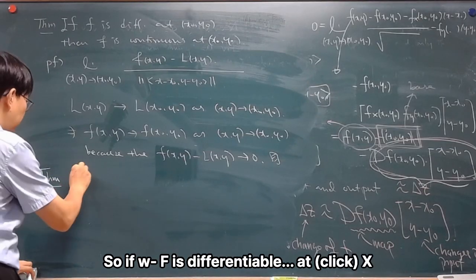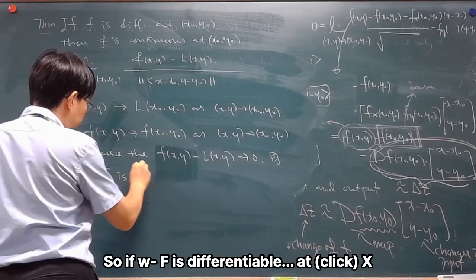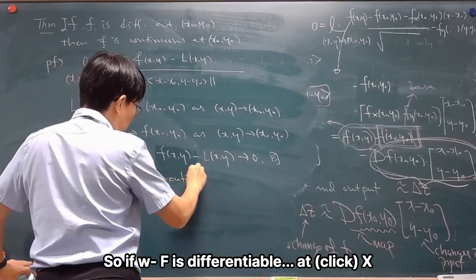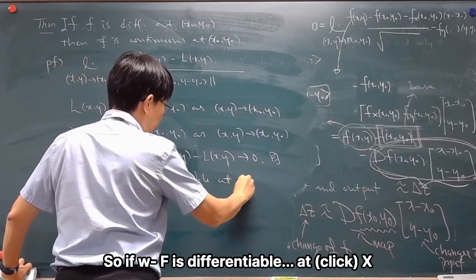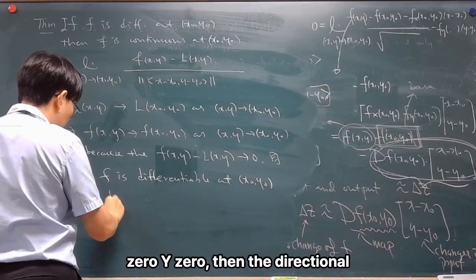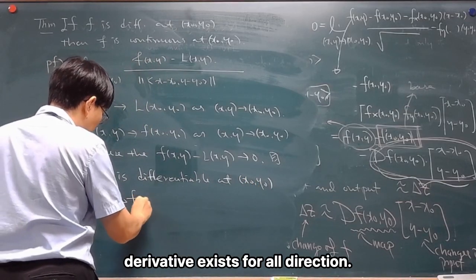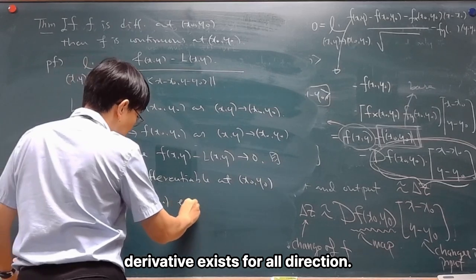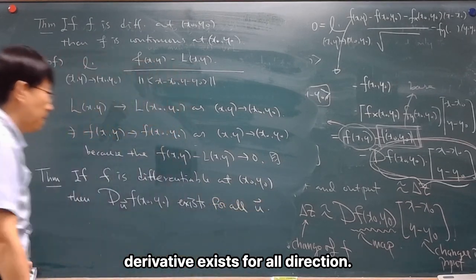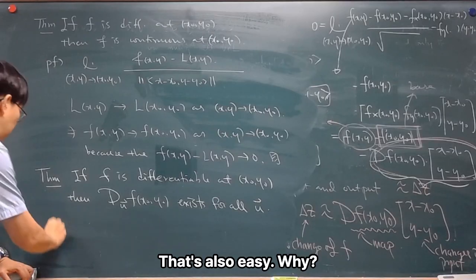So if f is differentiable at x0, y0, then the directional derivative exists for all directions. That's also easy.